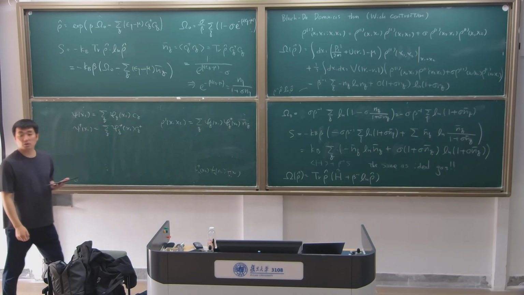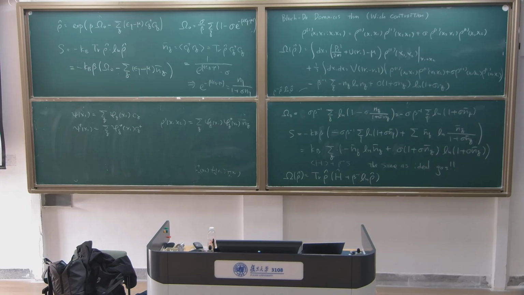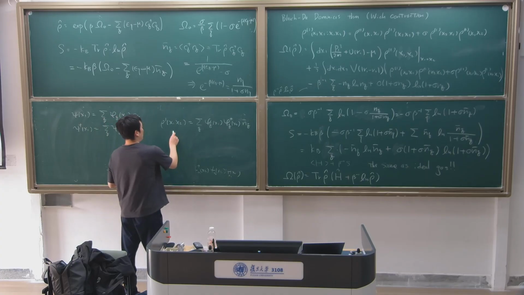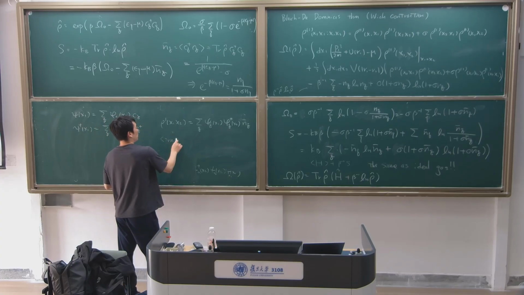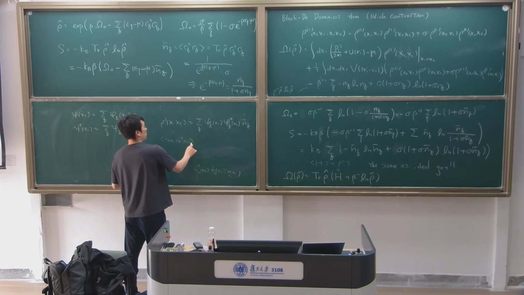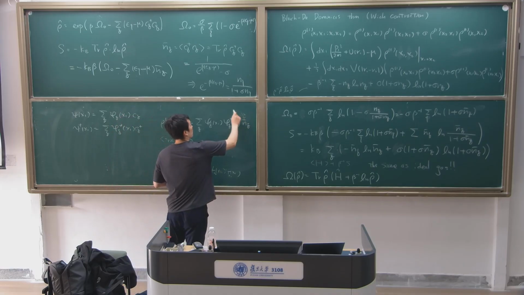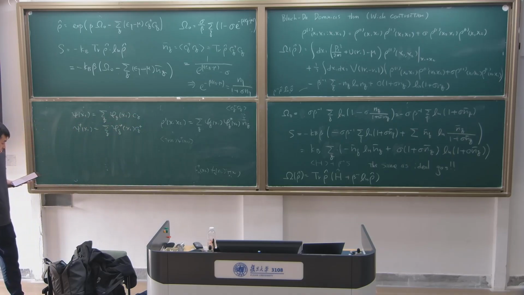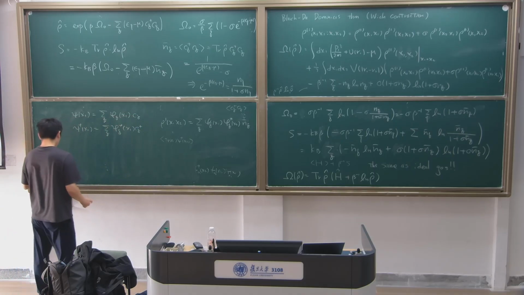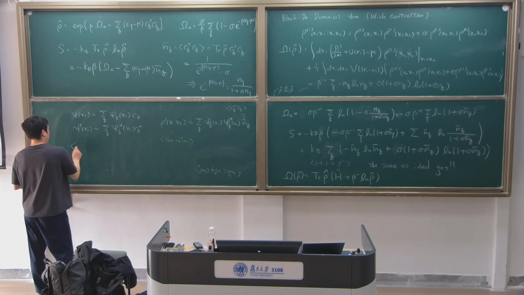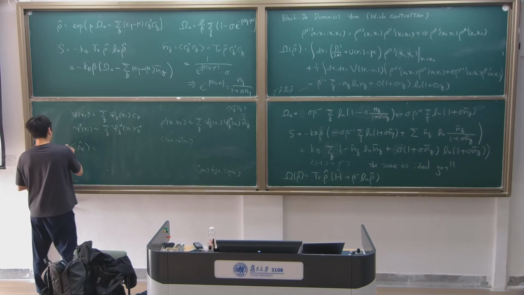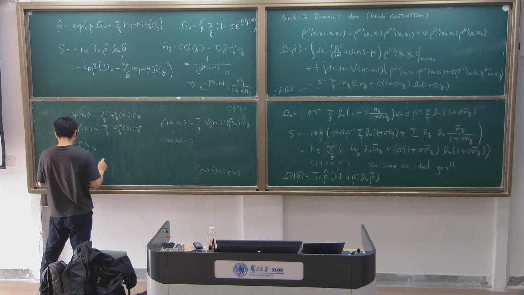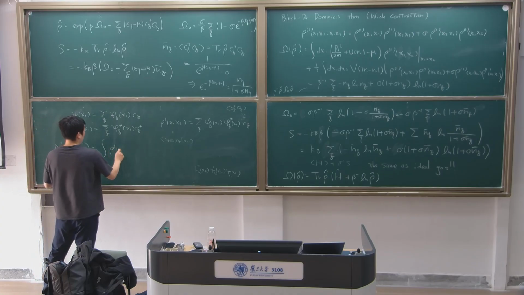Do you agree with that? Is it okay? And so this is the expectation value of psi dagger of x1, psi of x2. Okay. So then the number operator is the product of one.